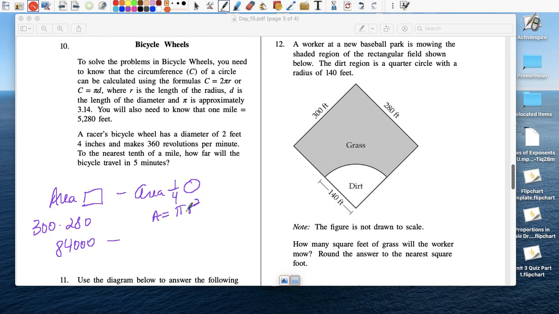Area equals pi, and the radius they give to us is 140. So 140 to the second power. So take 140 to the second power and multiply by pi.